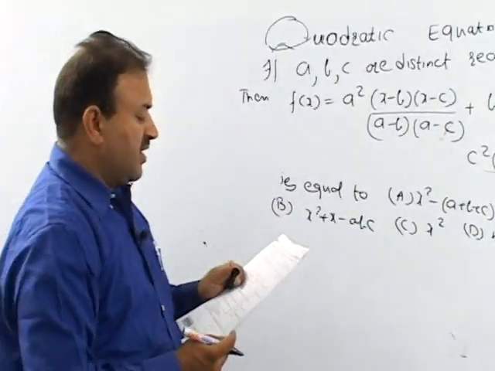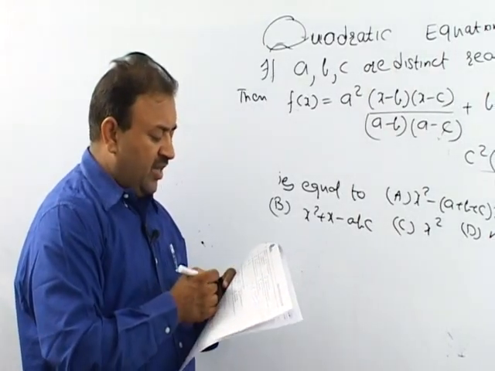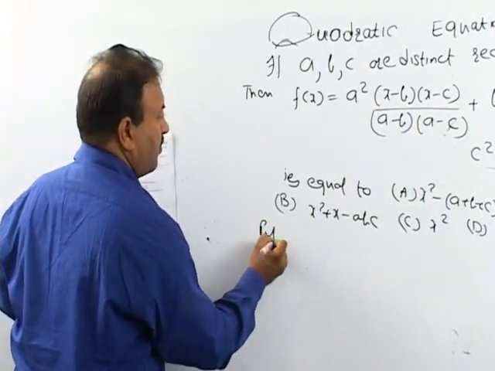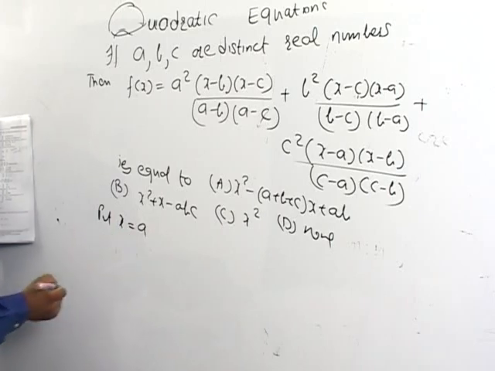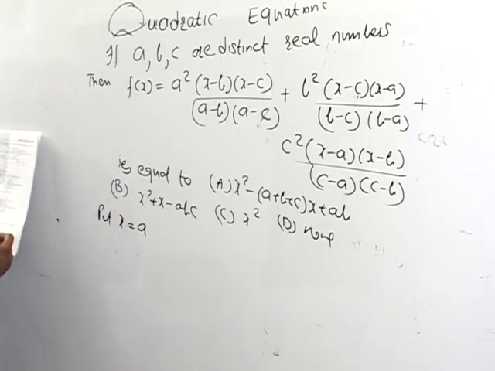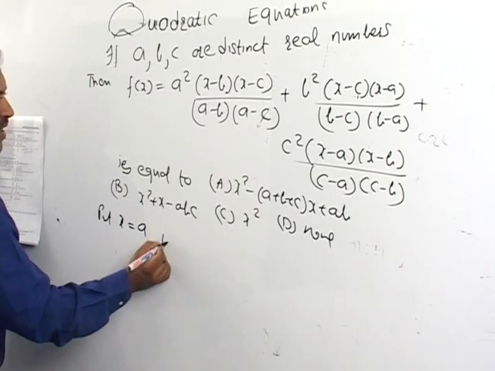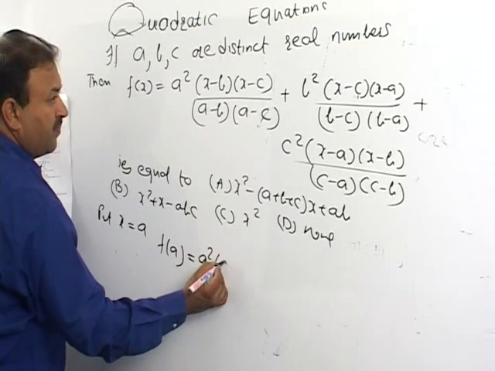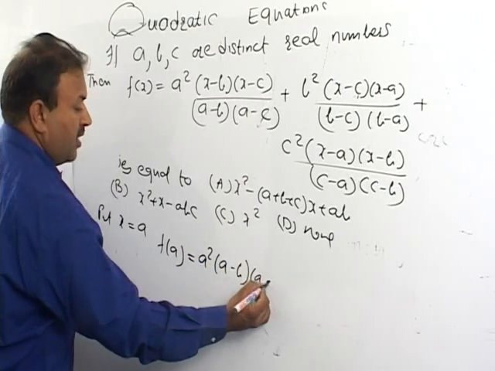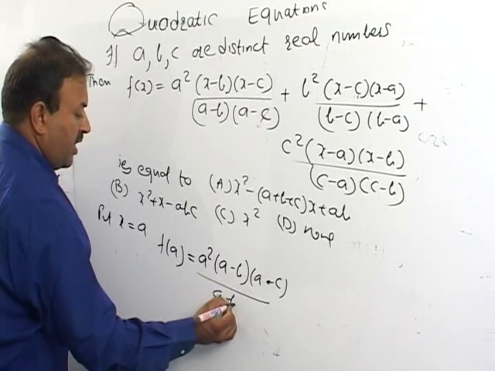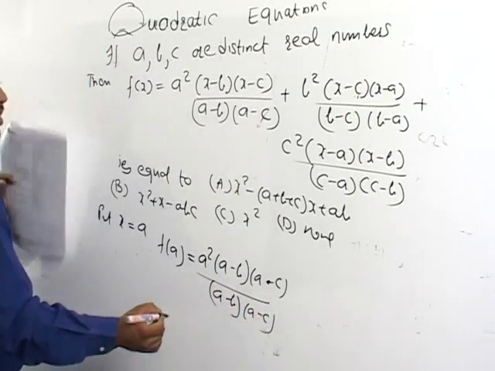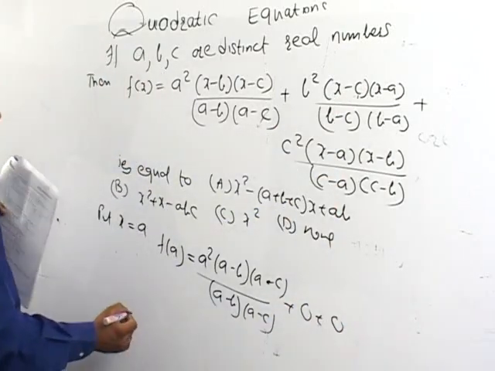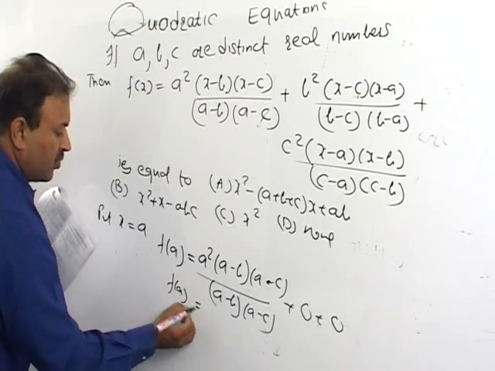See, a, b, c are distinct real numbers and the expression is identically equal to what? What will we do, beta? We'll put x is equal to a. We get f(a) is equal to a square (a minus b)(a minus c) upon (a minus b)(a minus c), plus the next term will be 0 and the third term will also be equal to 0. This comes out to be f(a) is equal to a square.